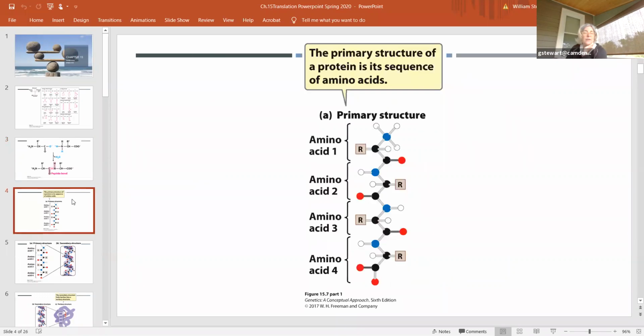Proteins have levels of organization or levels of structure. The primary structure we refer to as the list of the amino acids in order from amino acid 1 to however many there are. Most polypeptides that are going to form proteins or subunits of a protein usually have between 100 and 200, say, amino acids.